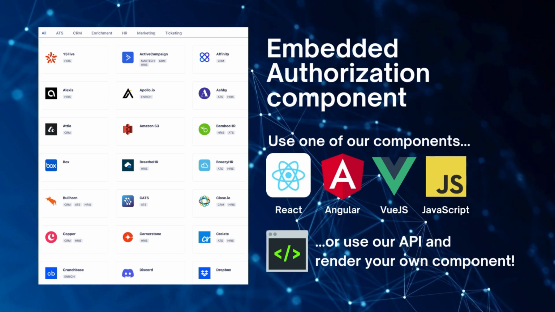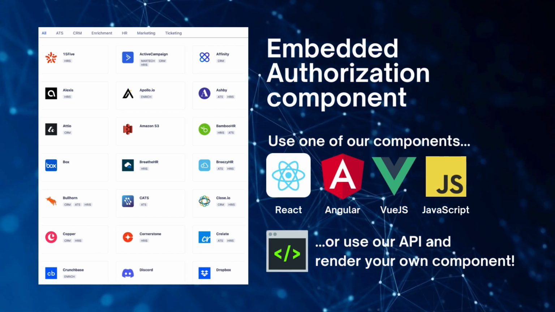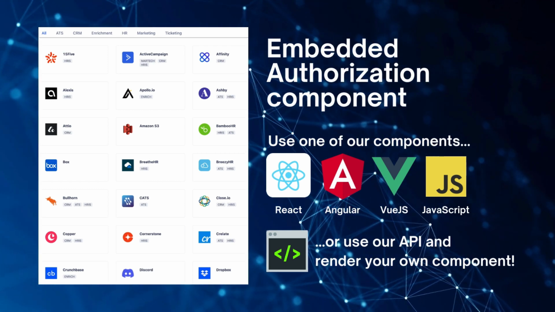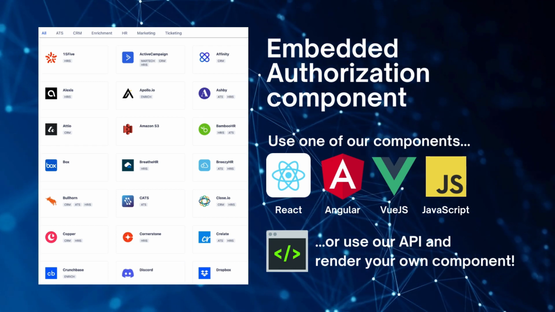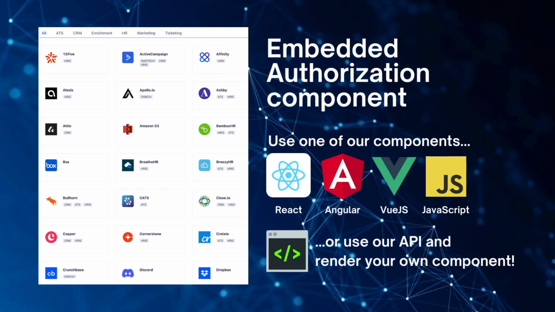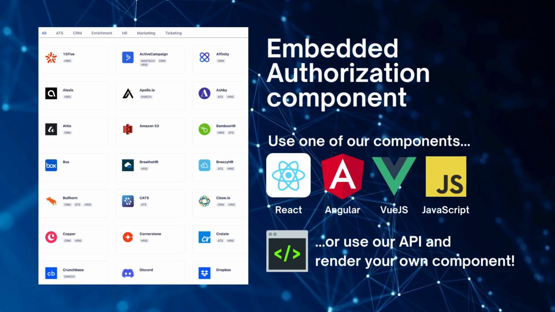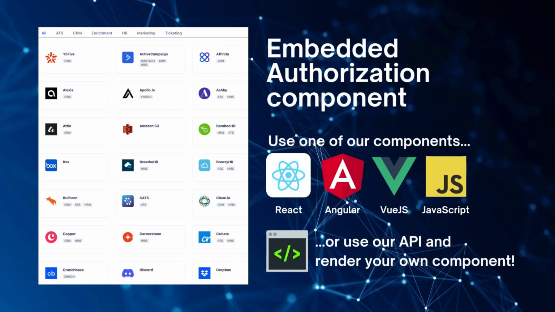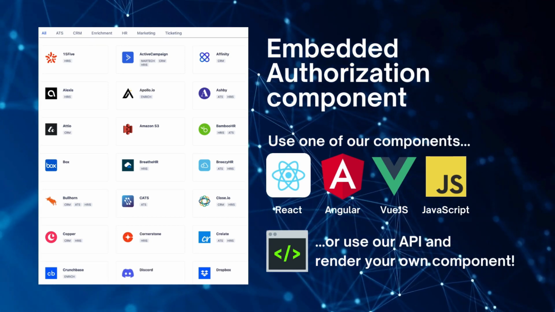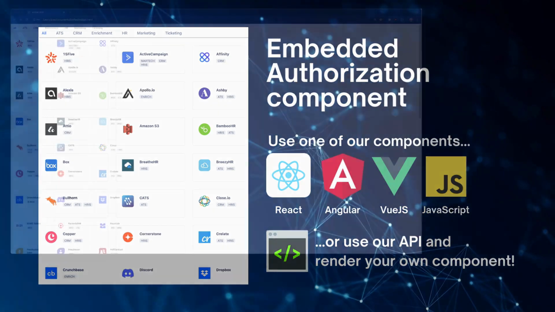We have React, Angular, and Vue.js versions of the Embedded Authorization component that you can use in your application. Or, if you prefer building applications with vanilla JavaScript, we've got you covered with a script that will render the component. And finally, for you hardcore do-it-yourselfers, you can simply call our API to get an array of your application's integrations and write your own code to render the component if that's your thing.